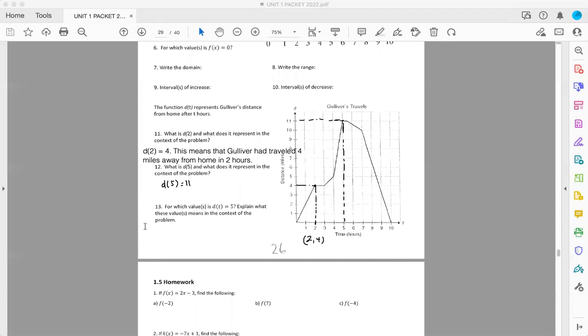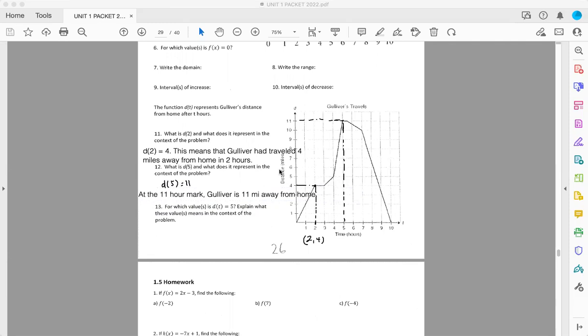So we can say at the 5-hour mark, Gulliver is 11 miles away from home. Okay. So this could be context. I don't think they want more detailed context than this.